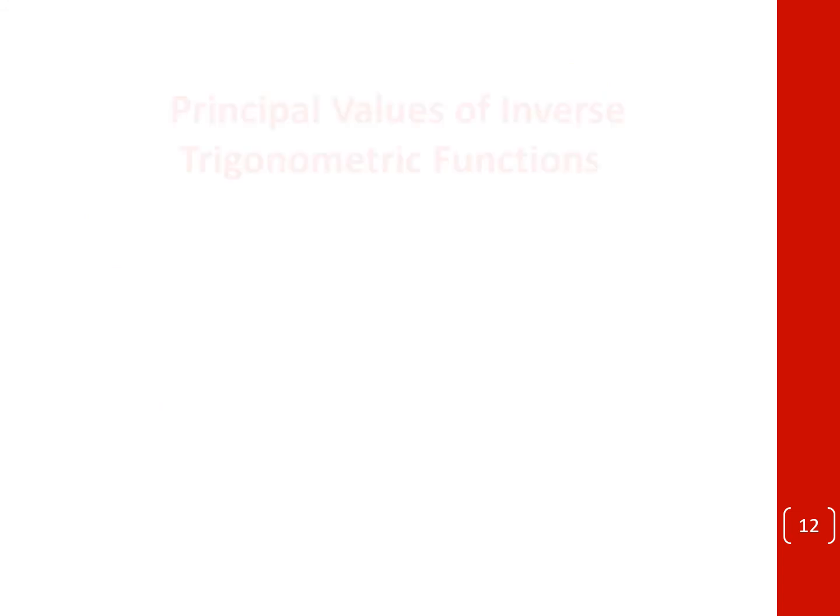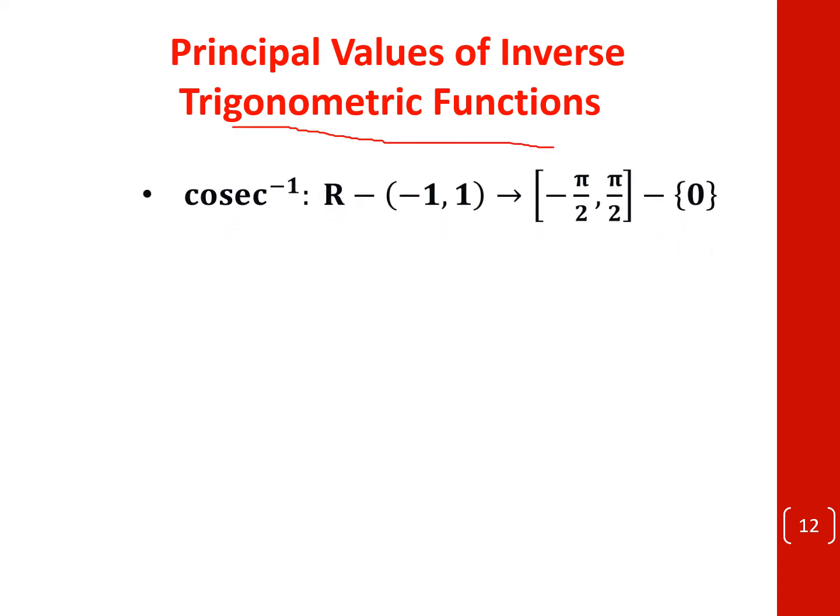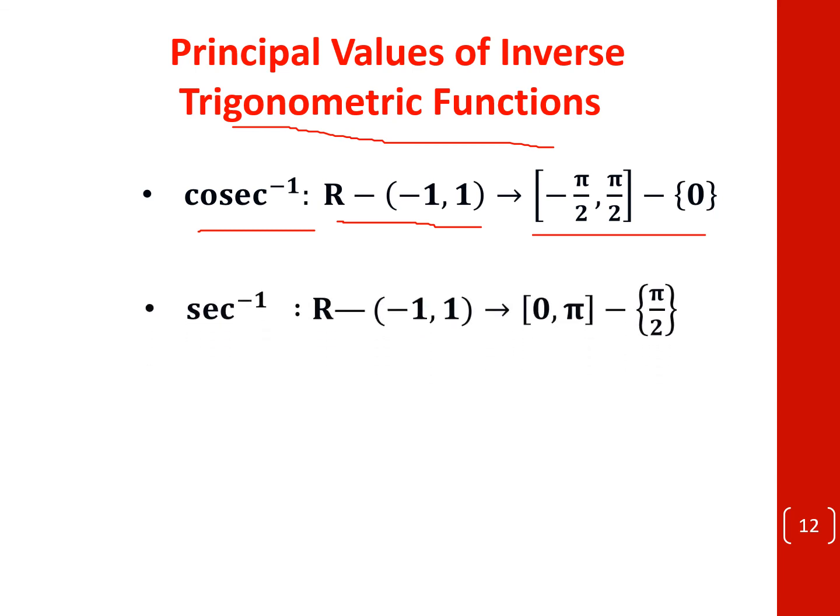Principal values of remaining trigonometric functions. See student, cosec inverse is from R minus open interval -1 to 1 to closed interval -pi/2 to pi/2 minus singleton 0. Sec inverse is from R minus open interval -1 to 1 to closed interval 0 to pi minus pi/2.